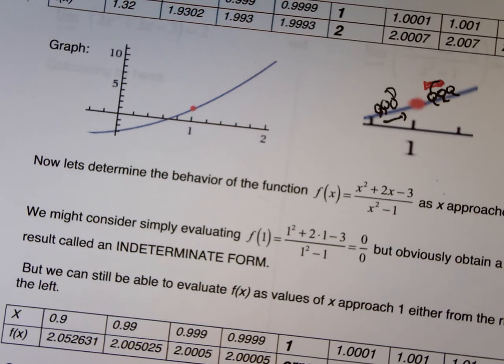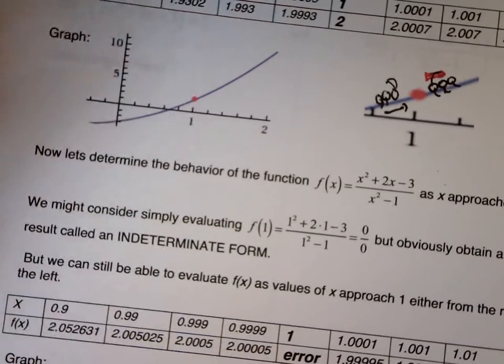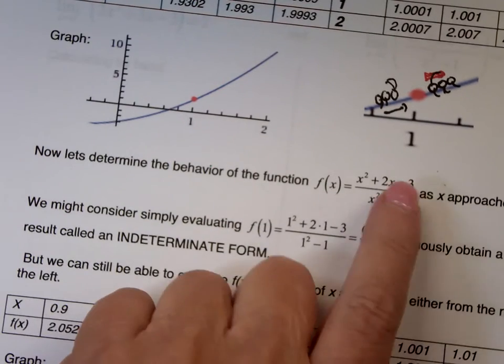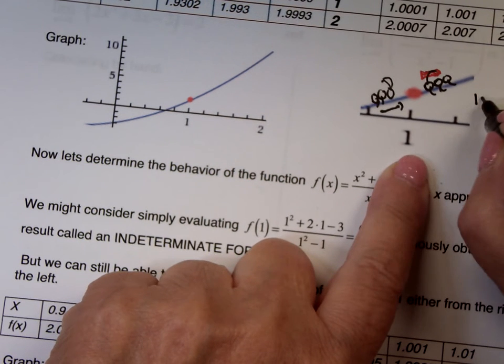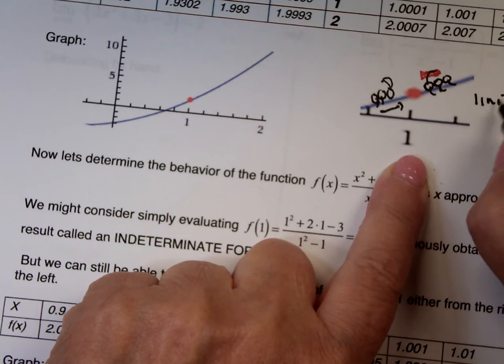Harriet and Howard are my fingers. Use your fingers. So we're going to be looking at the limit, in this case, y equals 2.